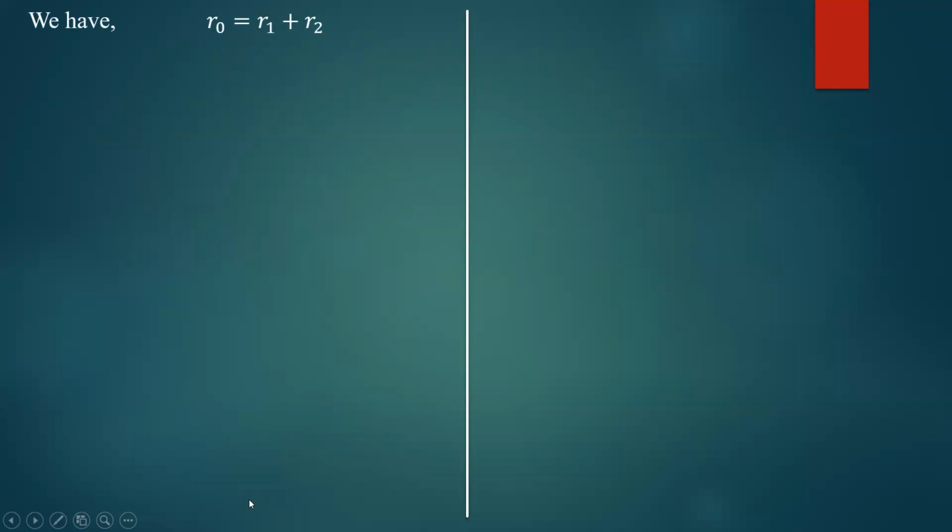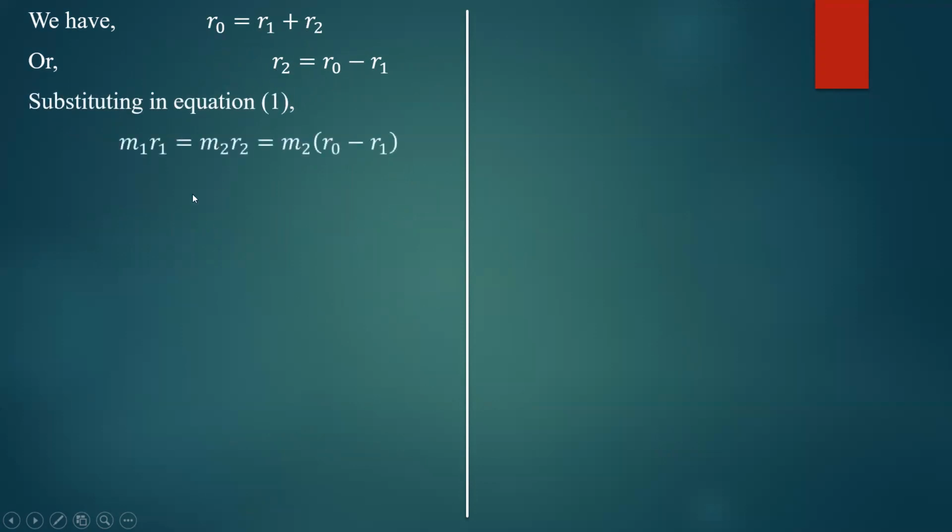Now we have the equilibrium distance r0 equal to r1 plus r2. So I can write r2 equal to r0 minus r1. Now substitute this in equation 1. Substitute for r2 in equation 1.